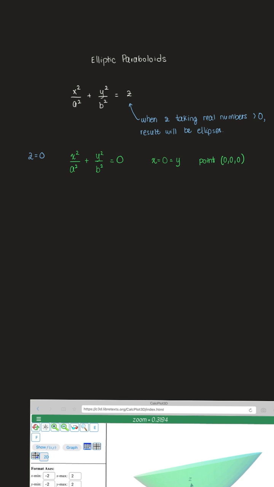Oh, I didn't want to use green there. So let's go back to our blue. So if z is greater than 0, then we are looking at traces of our surface on planes parallel to the xy plane, because z equal to a constant is just a plane parallel to the xy plane.